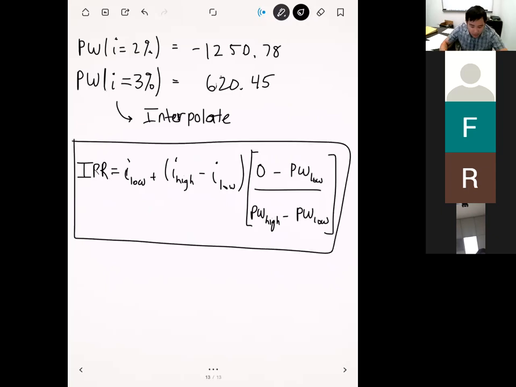And so this is how I typically perform interpolation. Okay. And so let's go ahead and define all of the symbols here. First we have I low and I high. Okay. And so these refer to the lower and higher interest rates on which you're interpolating between.